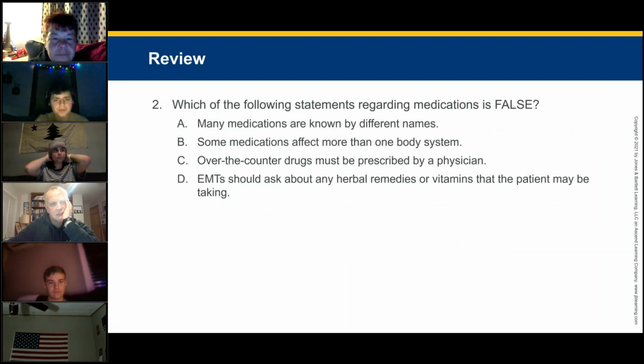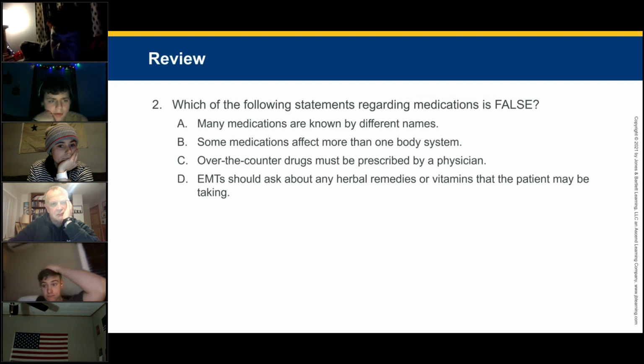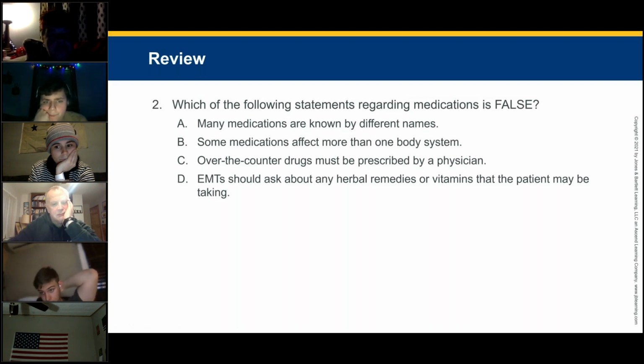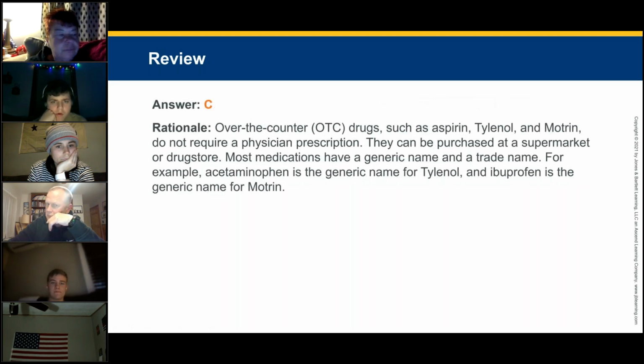The following statement regarding medications is false. Very good, C.